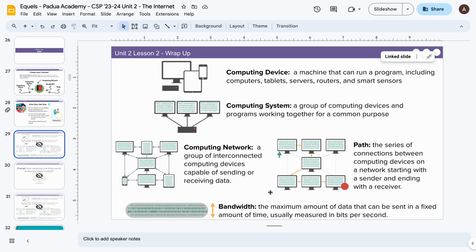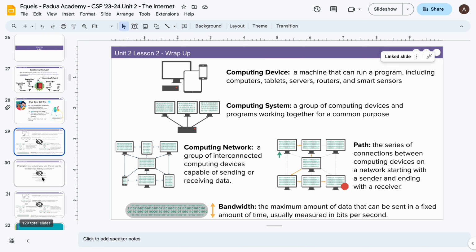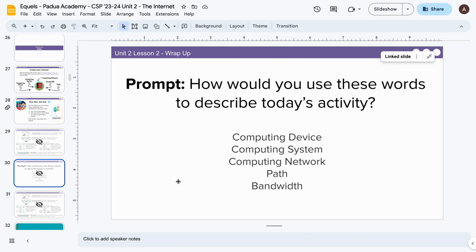But here's some definitions for you that, obviously if you have these slides, you should have access to them, but I did want to show these definitions to you. So you have a computing device, computing system, computing network, a path, bandwidth on this slide, and then basically how would you use these words, those definitions, to describe today's activity.